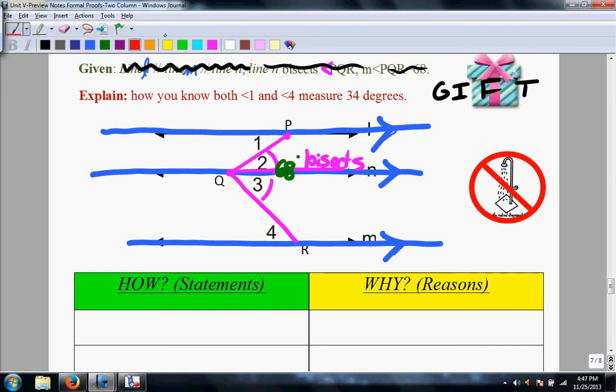Cross it out. Our target is to explain how I know that both the measure of angle 1 and 4, because of this, is 34 degrees. So I'm going to put the 34 there. Now I can't use that as part of my explanation, but that's part of my proof, so I put a question mark by it.